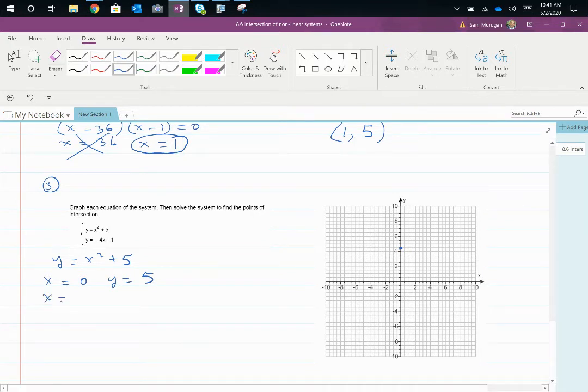So when x is equal to 2, y is equal to 2 squared plus 5, which is 9. When x is equal to 2, y is equal to 9. And when x is equal to negative 2, y is also equal to 9, and sketch your graph.